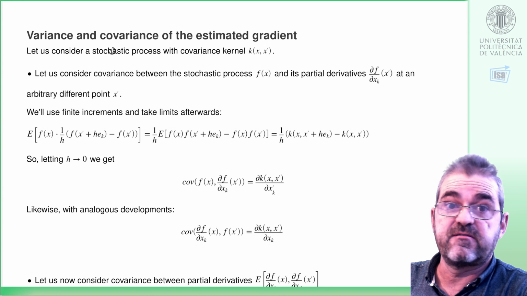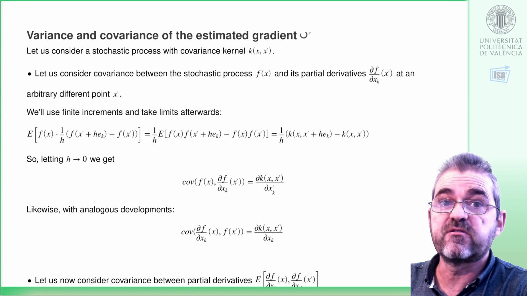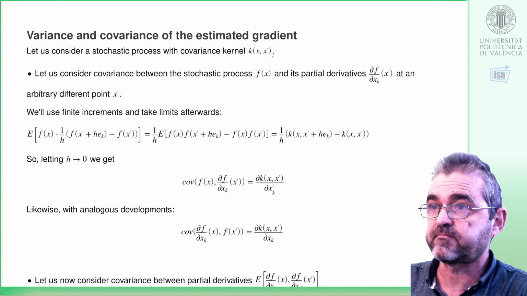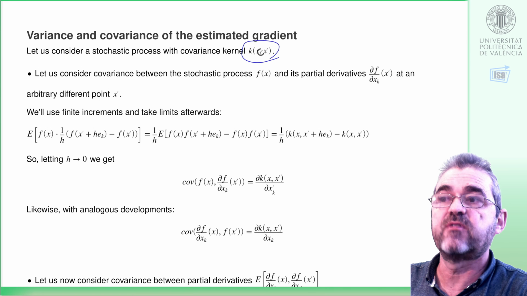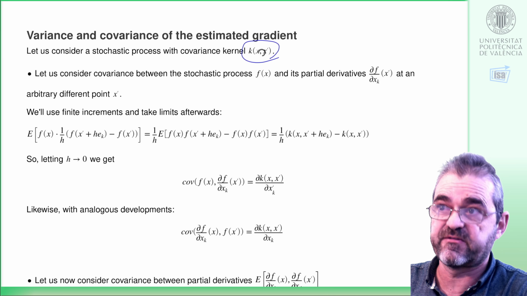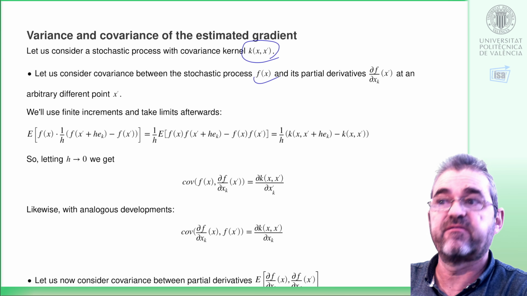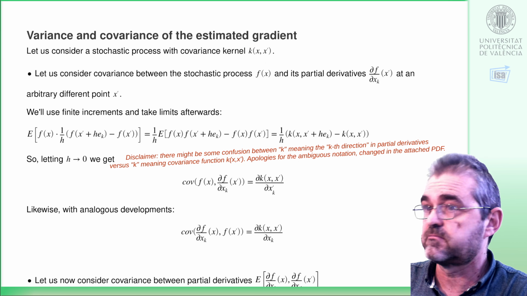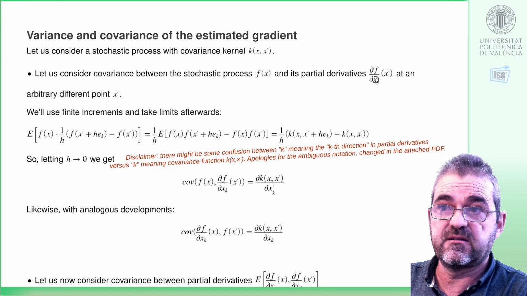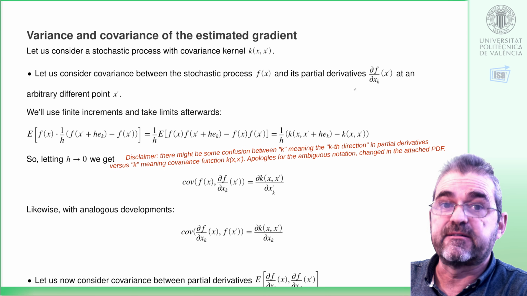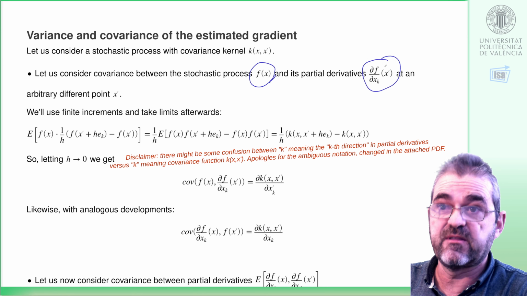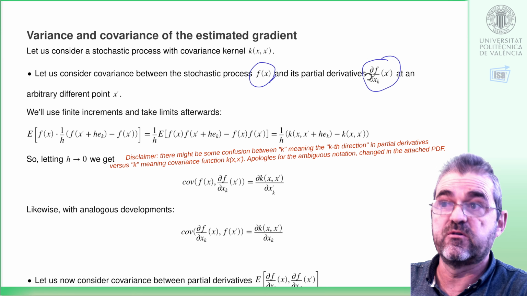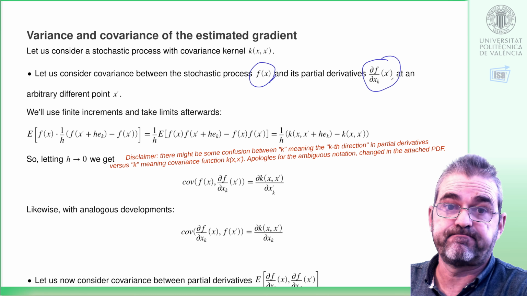Let us now consider variance and covariance of the partial derivatives. Again, by assumption, we need to obtain that only from the properties of the covariance function of the original f, k. If we assume that f and its derivatives are not independent, then our first goal would be computing the covariance between those two stochastic processes.